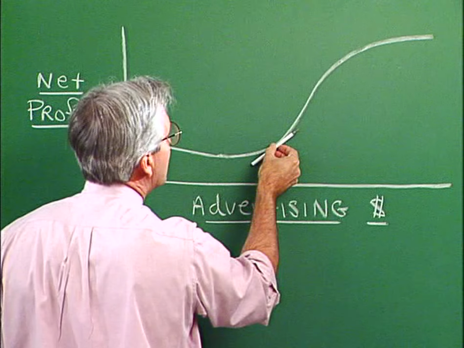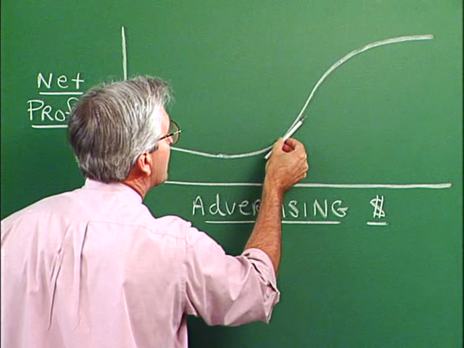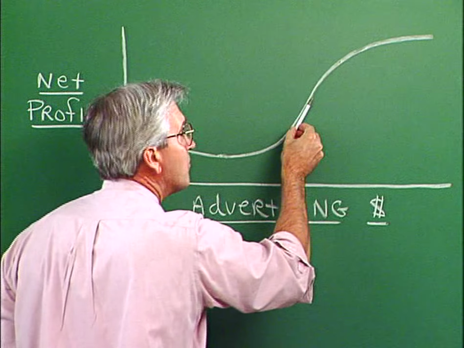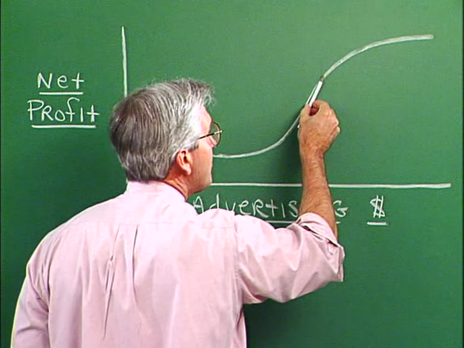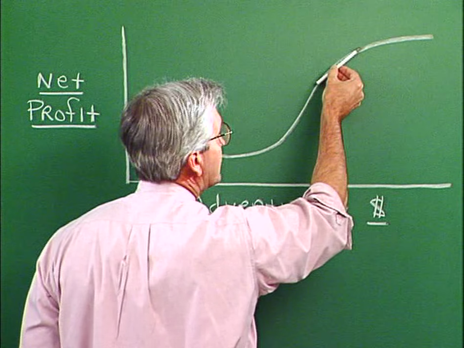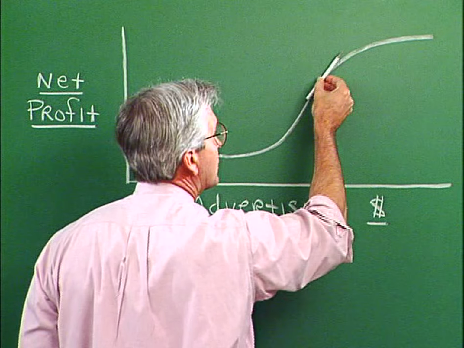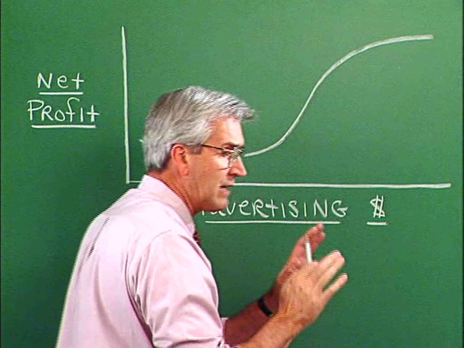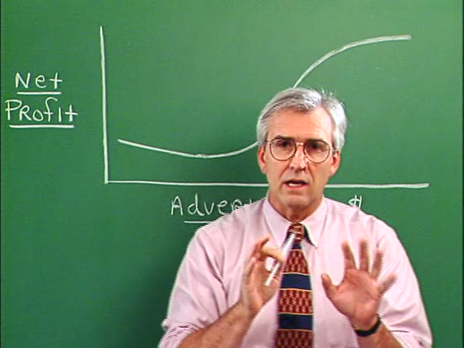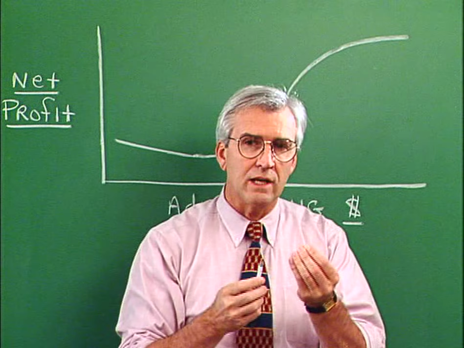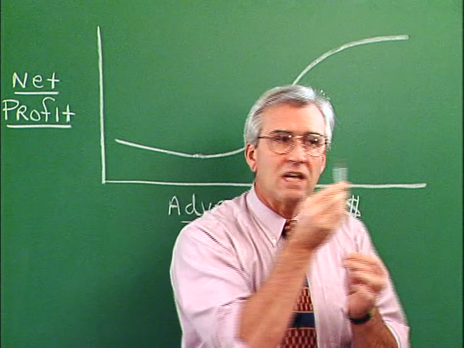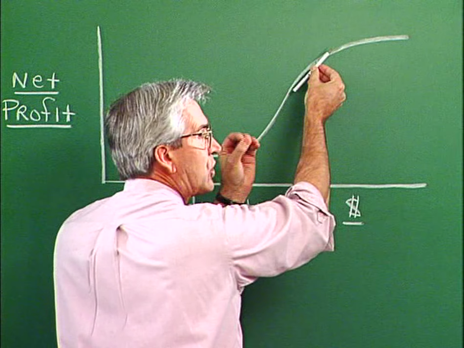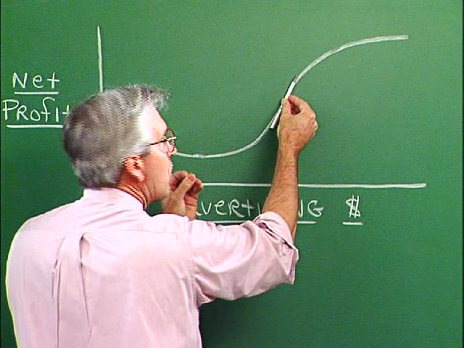Now, if I were the manager of this situation, then I would want to know that exact point. Now notice the slope here as I go through. The slope number is getting larger and larger because the slope is becoming more and more steep through here. Then at some point, that slope begins to diminish. That slope starts to go down just a little bit. Now, what that means in terms of advertising profit and the profit per ad dollar is that the profit per ad dollar starts to diminish through here, that we're not getting the returns on that ad dollar that we got over here.